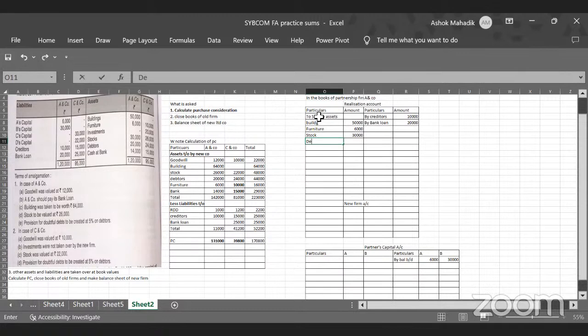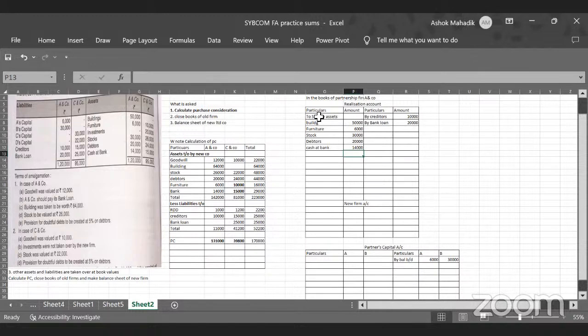Debtors 20,000. Tell me, shall we take RDD? Think. No, it is an adjustment, isn't it? I told you, while closing books, take only old values. Done. So we are done with the posting of all the items of A and company.